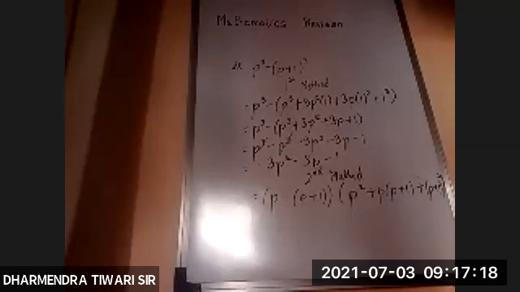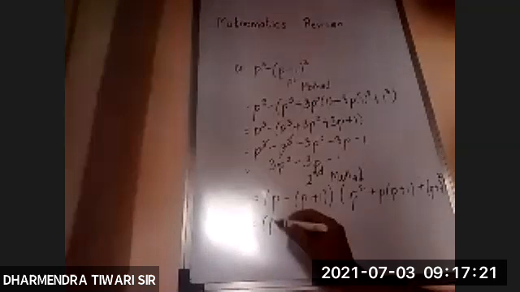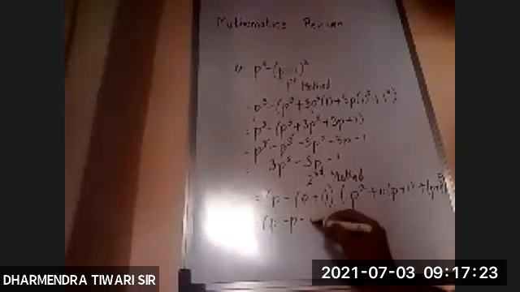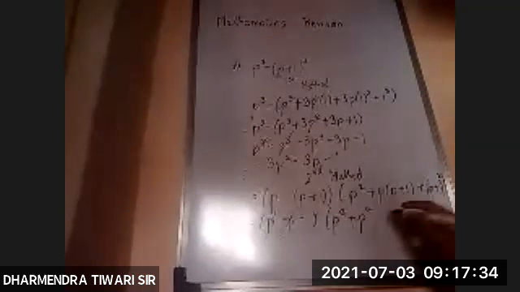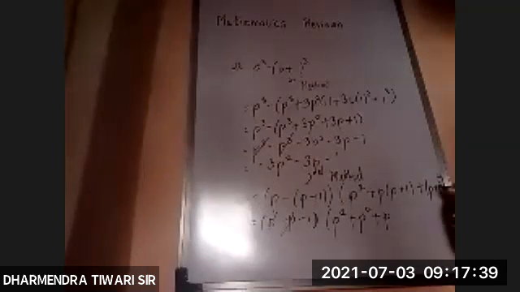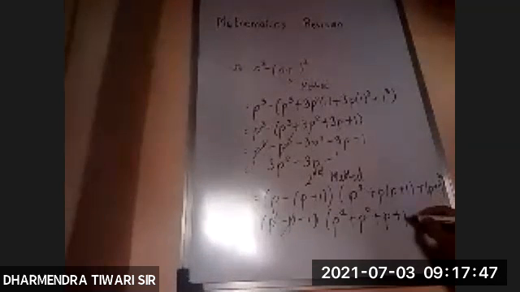Just what you need to do, the bracket will get cancelled, p minus 1. So p, p gets cancelled, what remains? Minus 1 remains here. p square plus, open the bracket, p into p is p square plus p into 1 is p, and here open the bracket for a plus b the whole square. What is the formula for a plus b the whole square? This is a square plus 2ab, that is 2p into 1, plus 1 square.